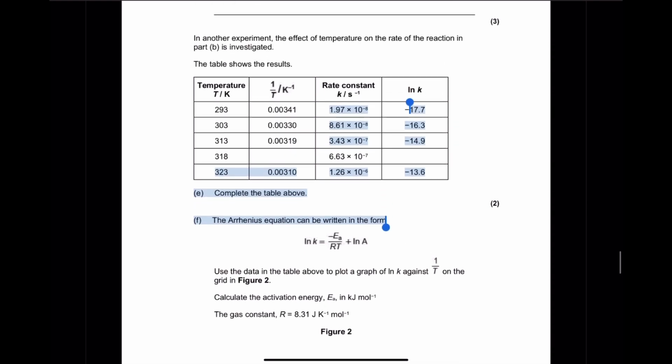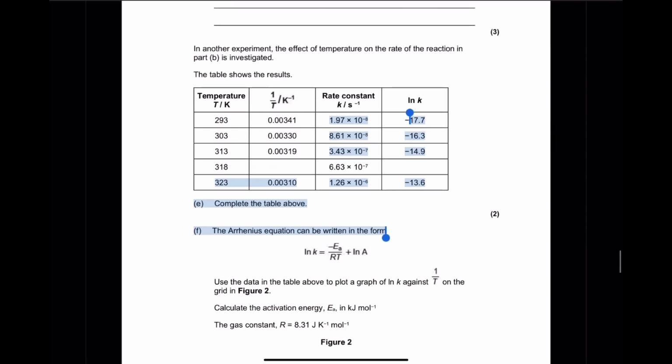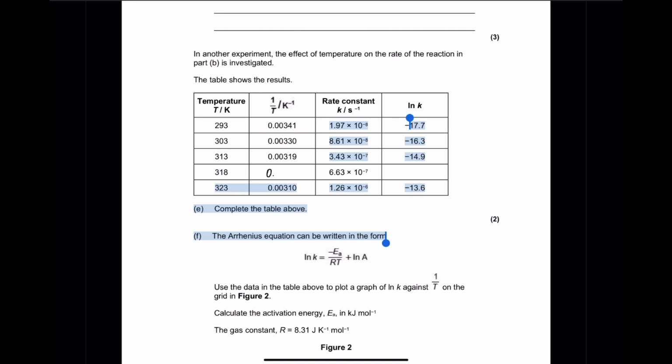In another experiment, the effect of temperature on the rate of reaction is investigated. Complete the table above, no problem. 1 over 318. Easiest marks you'll get in the entire exam. So just leave it in the way that they want it. 0.00314.